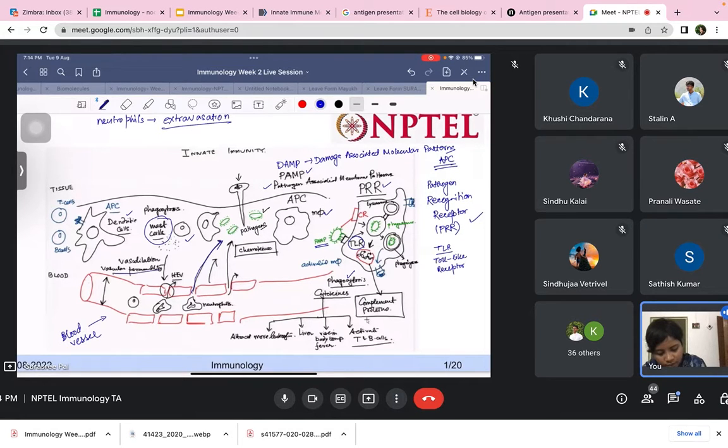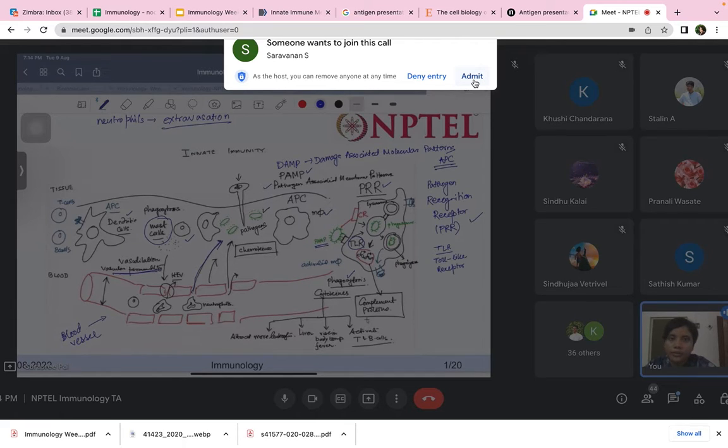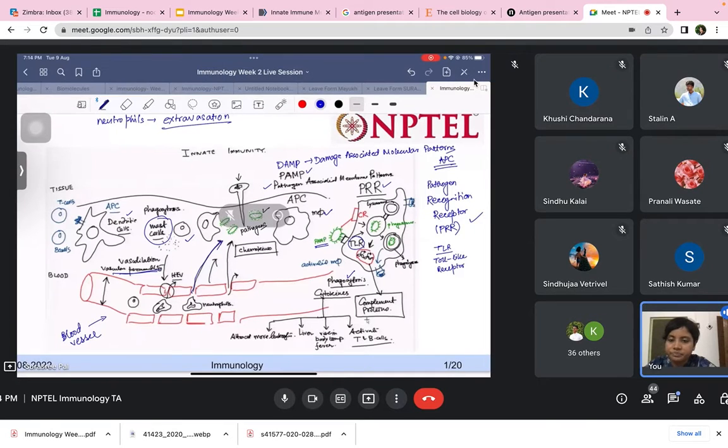So this vascular permeability is increased by the release of these inflammatory molecules like histamine. There are other inflammatory molecules which we will discuss later on. And because of this, the permeability of the blood vessel increases, because of which the neutrophils can now migrate to the site of action.